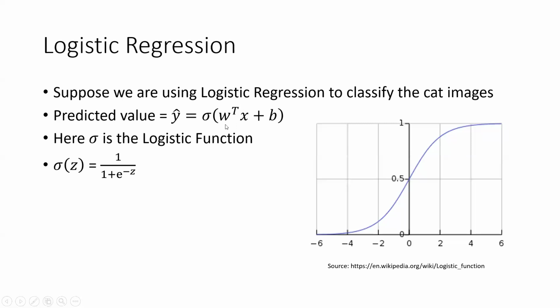You know what is w transpose, right? W is the weight vector, weight matrix, and multiplied by this is the input X plus bias, right?